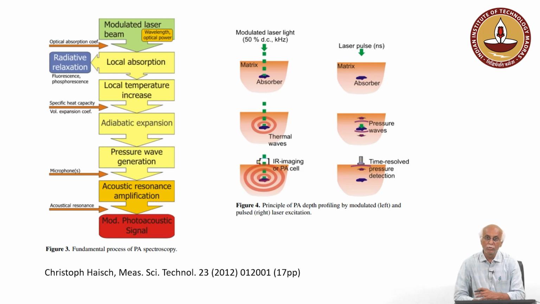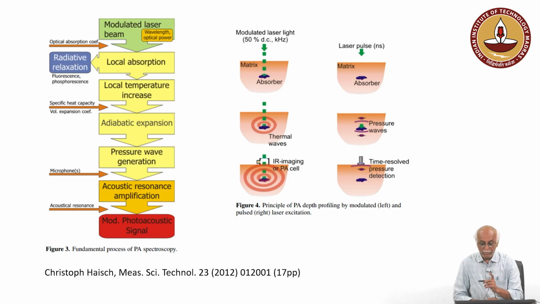We are trying to observe some tissue characteristics indirectly based on the photoacoustic signal, but more or less the technique is very similar. So, a modulated laser beam, now in terms of pulse width maybe short enough, which is absorbed by the tissue, and so that is a local absorption.